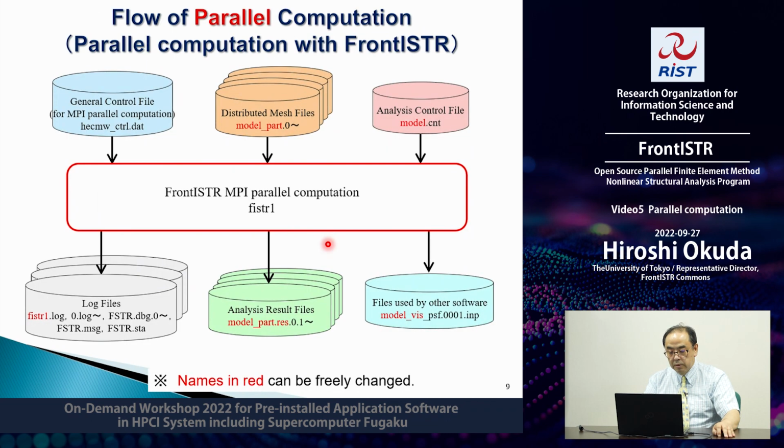Okay, the next step is the parallel execution of FrontISTR. As I already explained, what you need to prepare is the general control file, the distributed mesh file and the analysis control file, and you run the parallel FrontISTR.